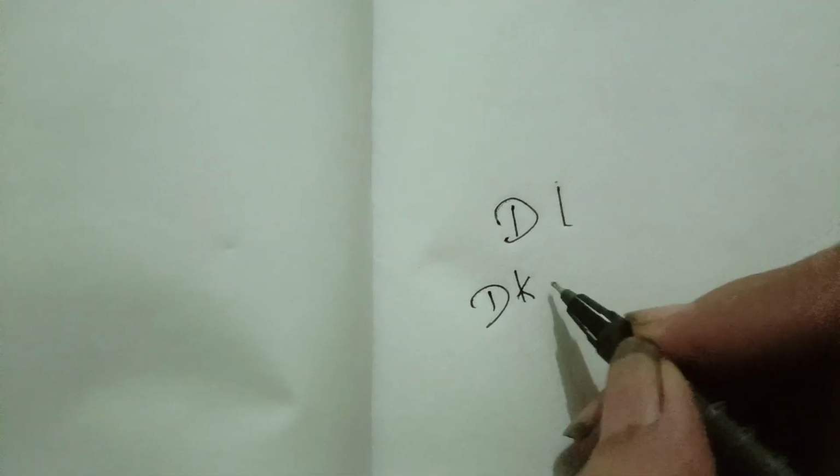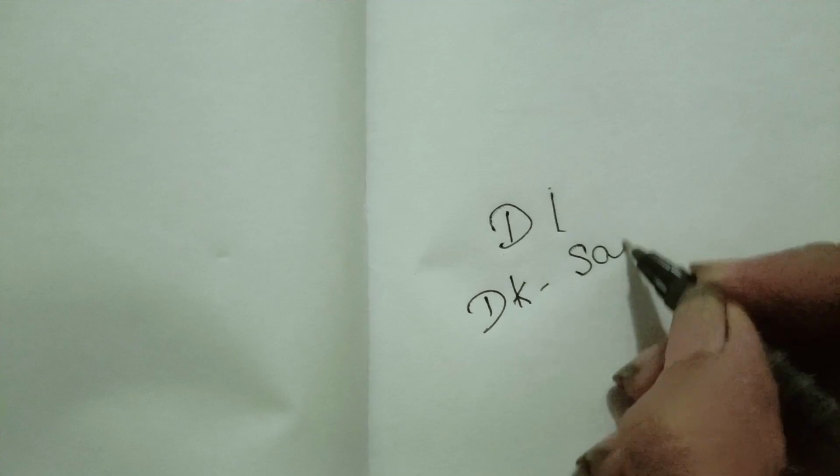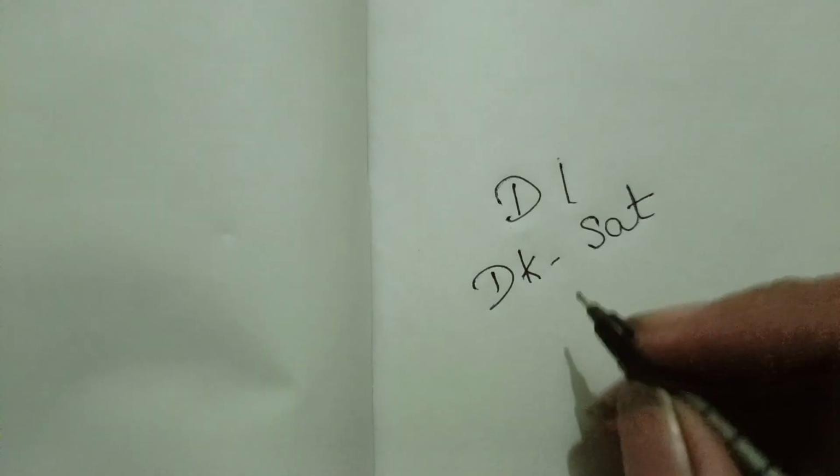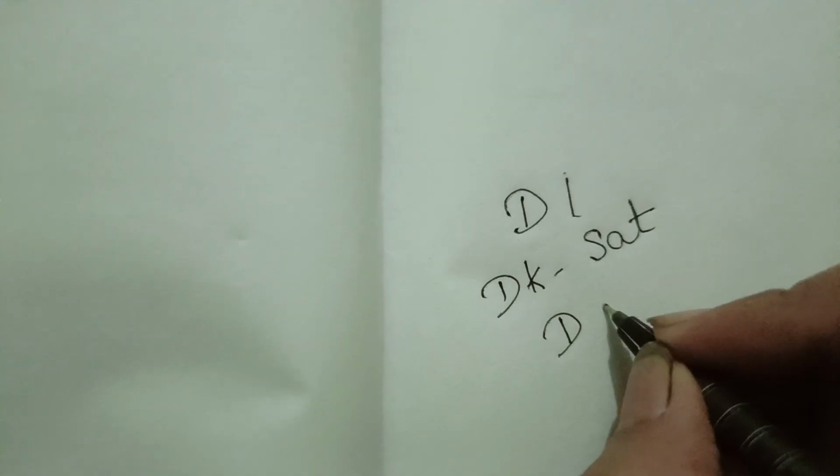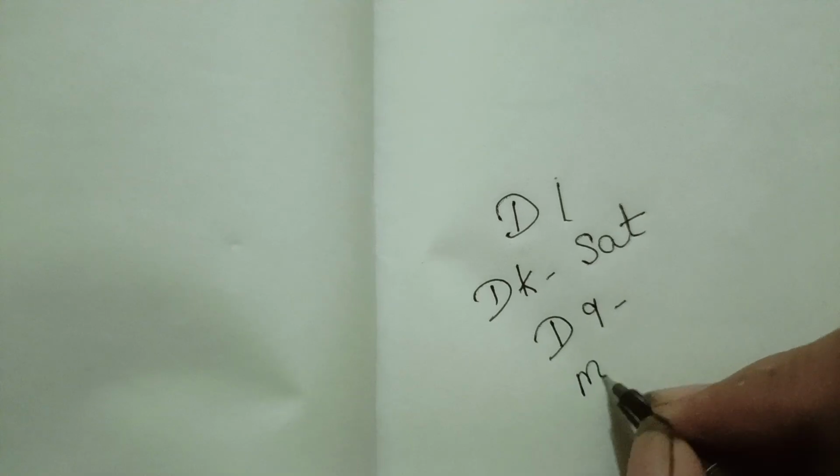Now let's say your Darakaraka in D1 is Saturn. This Saturn you have to check in D9 also. Let's say in D1 your Darakaraka is Saturn, and in D9 your Darakaraka is Mercury.